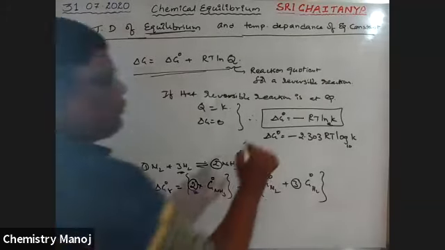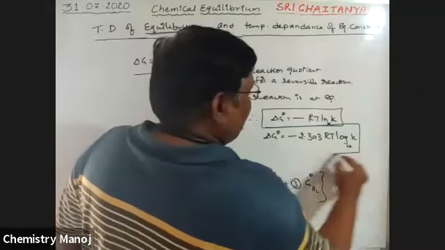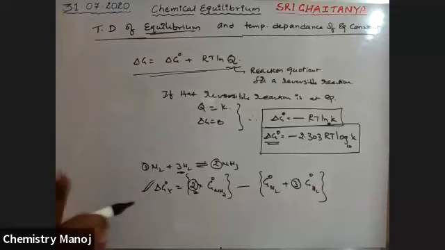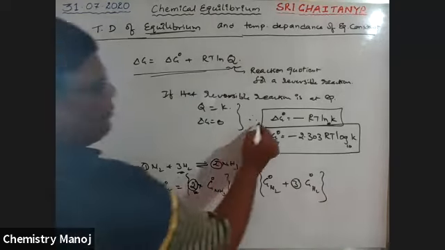So these are the two important formulas that give the relation for delta G naught, not delta G. Once again I repeat, it is the relation for delta G naught.